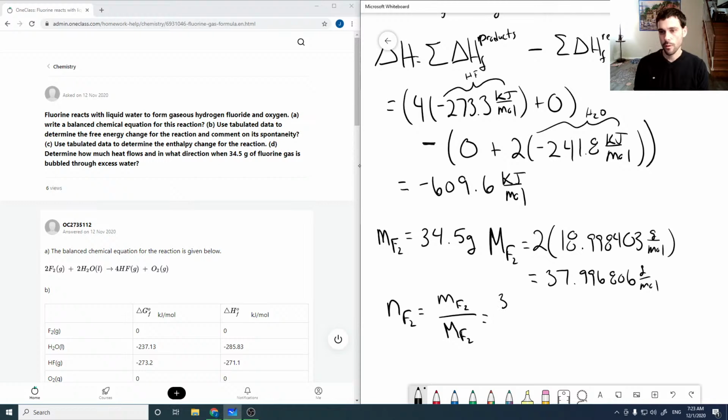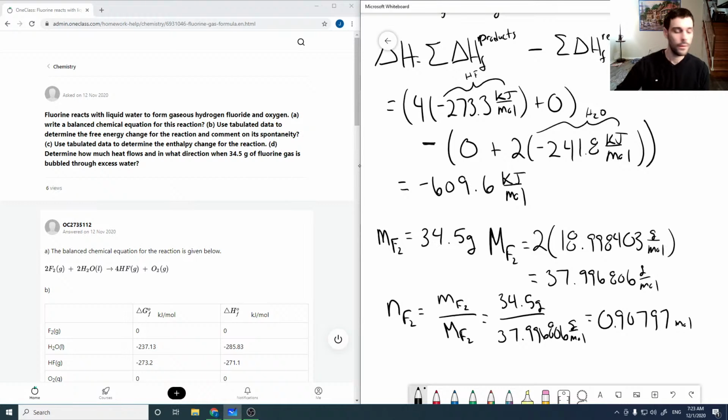So 34.5 grams over 37.996806, which is 0.90797 moles. Okay, so there's our number of moles of fluorine.